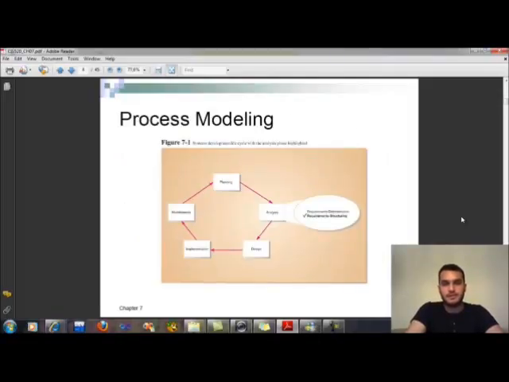And we can see here process modeling in this picture.